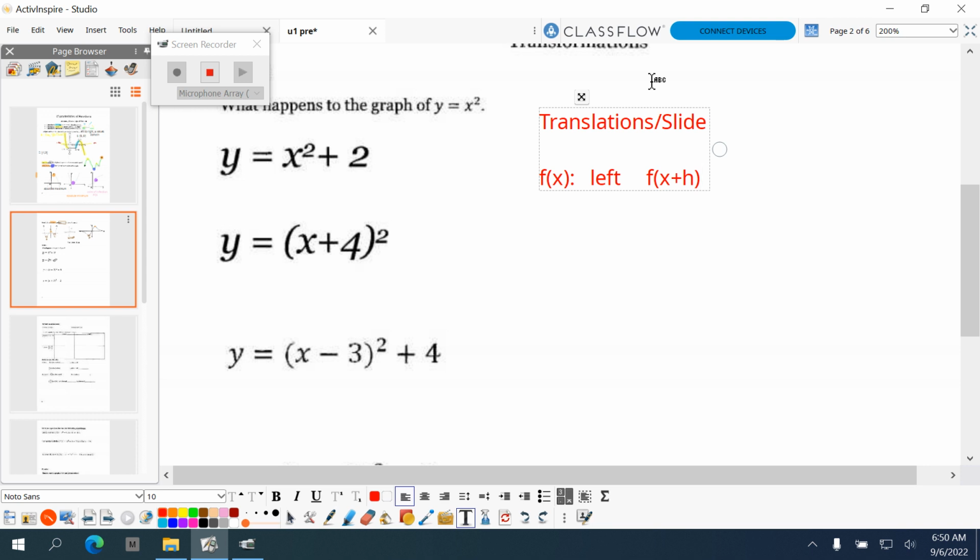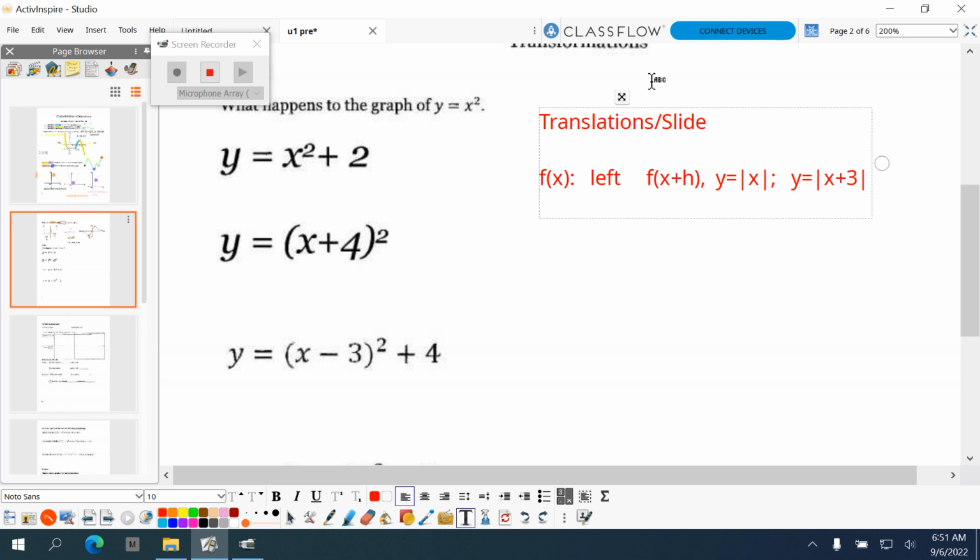But let's say we have y equals the absolute value of x. Then if I wanted to move to the left, moving left 3 units, I would say y equals the absolute value of x plus 3.